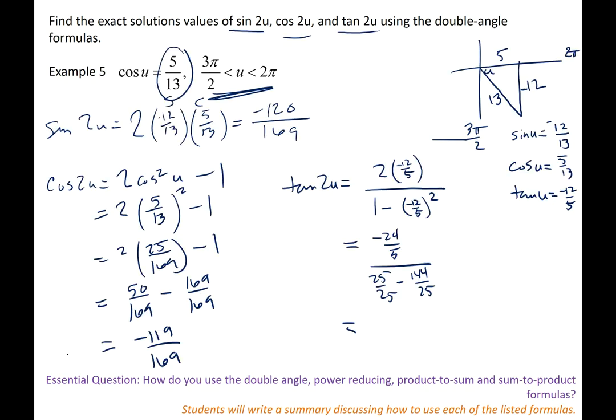At the same time I'm doing this subtraction, I'm also going to flip it. So the 25s are just going to stay 25s. And then what's 25 minus 144? Negative 119. Thank you.